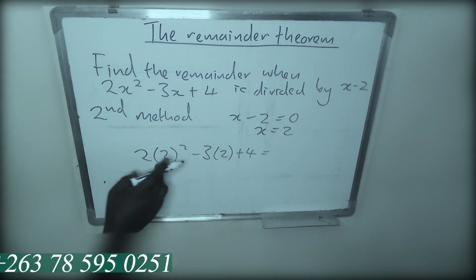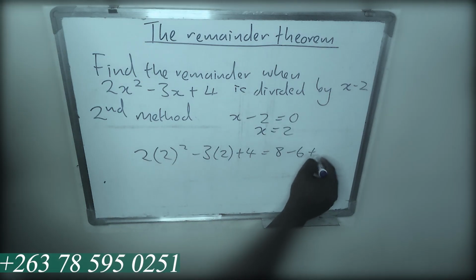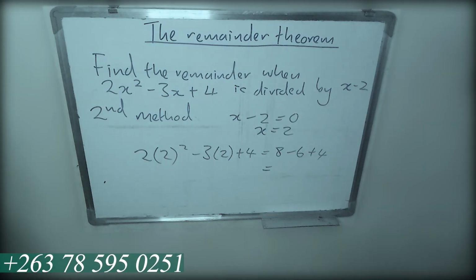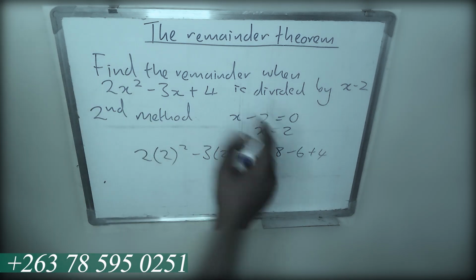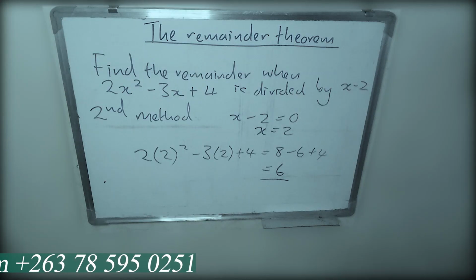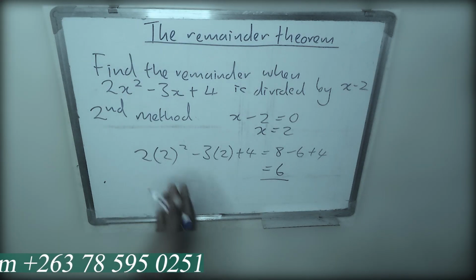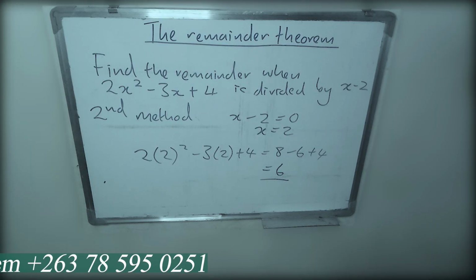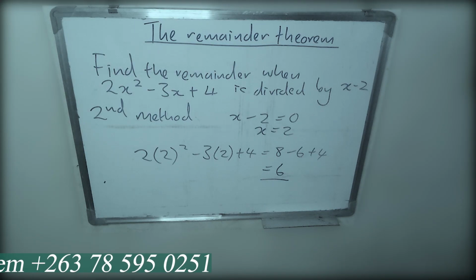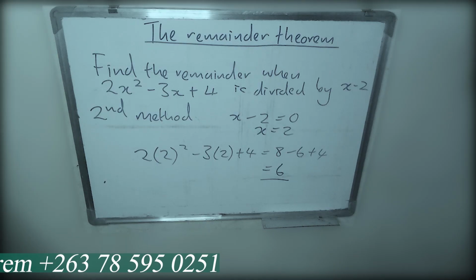Then 2 times 2 squared is 8, minus 6, plus 4. 8 minus 6 is 2, plus 4 is 6. So this is another way of finding the remainder when 2x squared minus 3x plus 4 is divided by x minus 2.